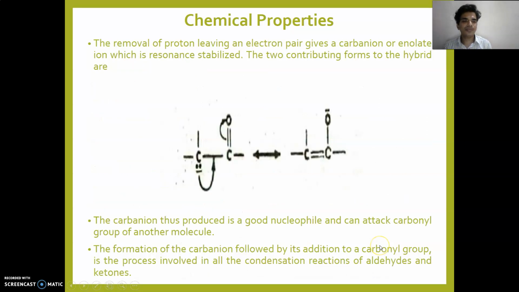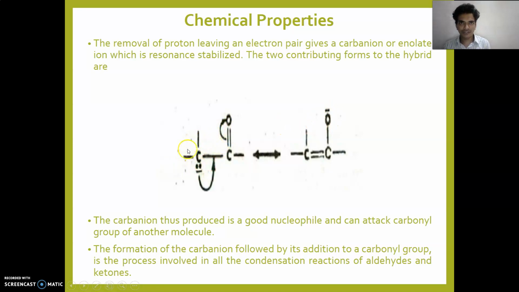So the removal of this proton leaves the electron pair, giving a carbanion, an enolate form. These are the carbanion and enolate forms, meaning there is a transfer of the electron onto this oxygen.